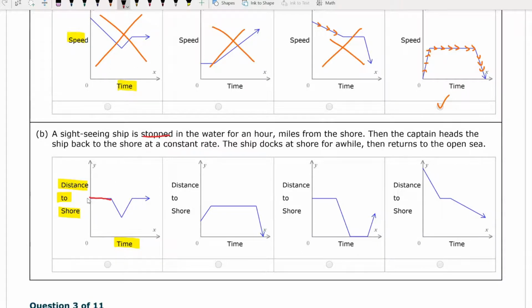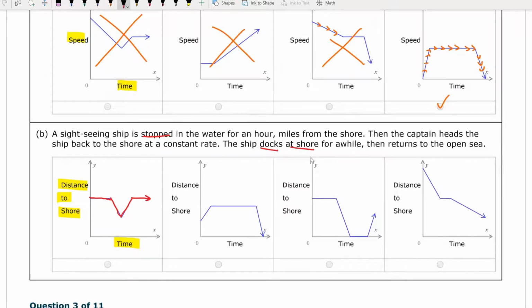So this is miles from shore and it's stopped because the distance didn't change over time. And then it's decreasing, which means the ship comes close to the shore and then they turn back out and then stay there for a while. I don't think this scenario says that the ship docks at the shore.